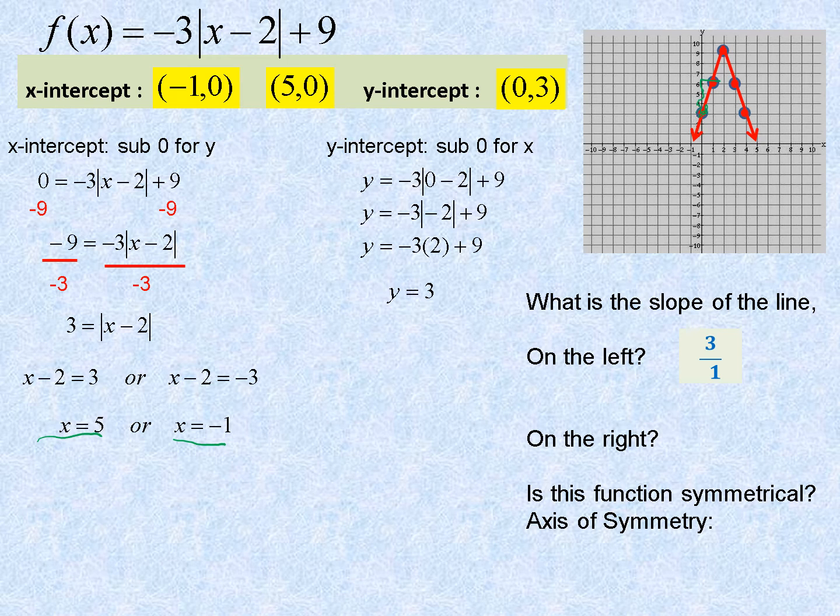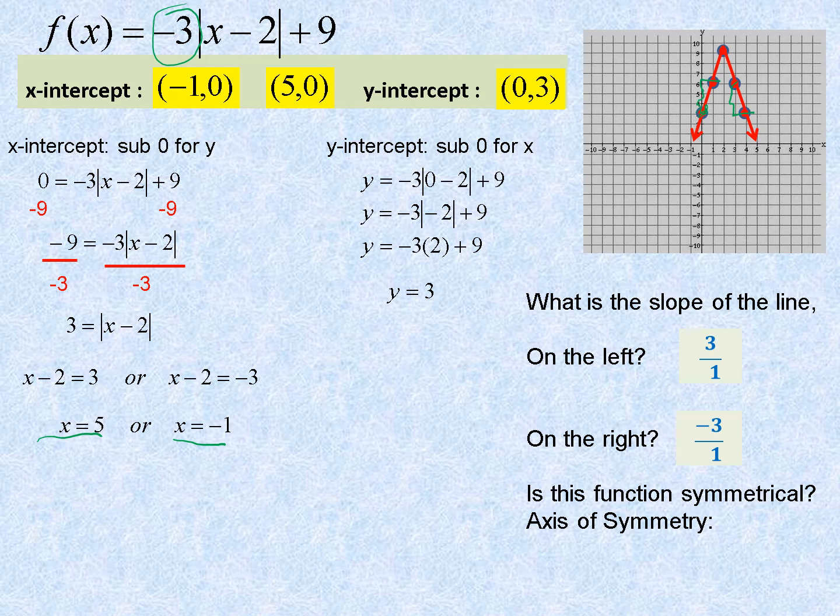On the right, it's down 1, 2, 3 over 1. 3 over 1 and -3 over 1. What does that resemble? The A value. Keep that in mind. We're going to show you how to use the A value and B value, if it exists, to help you graph.